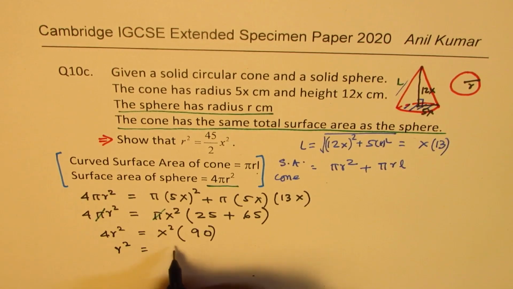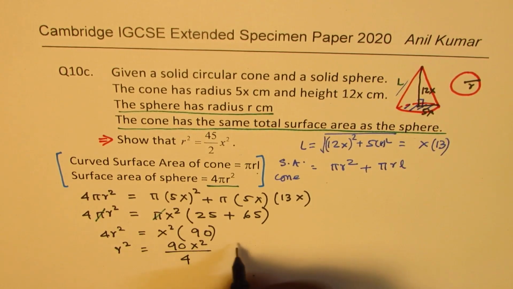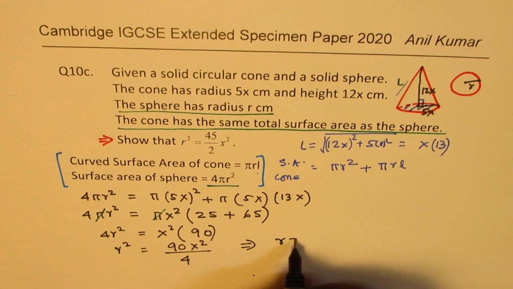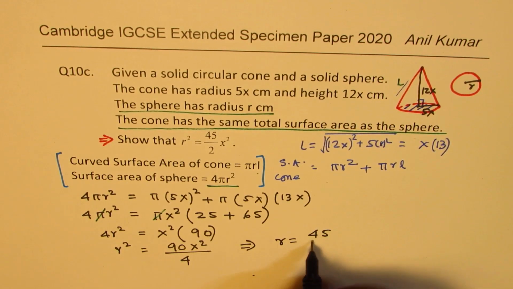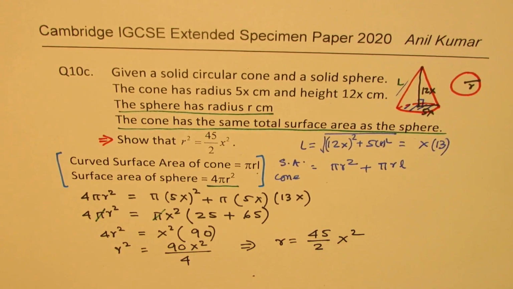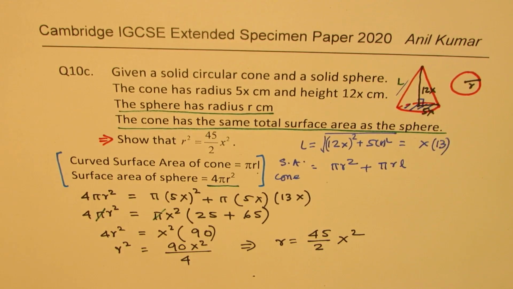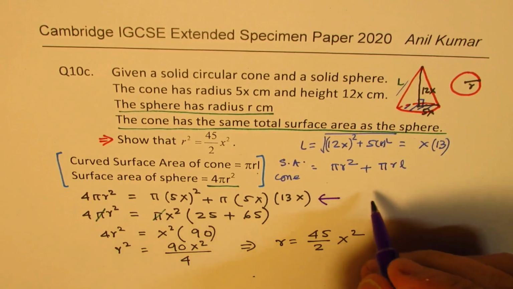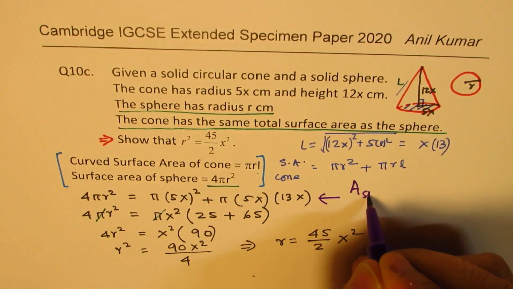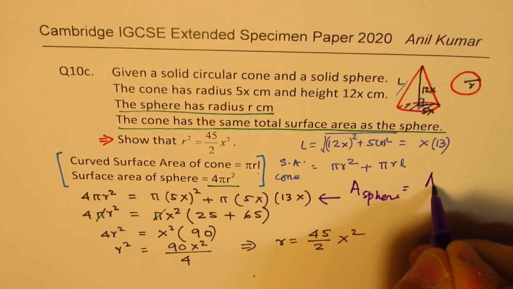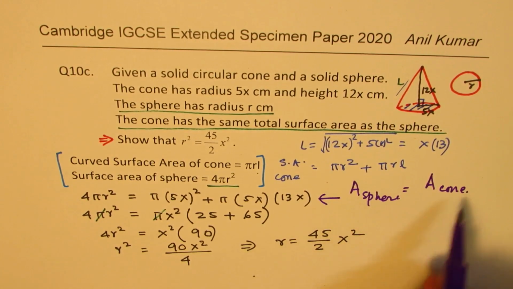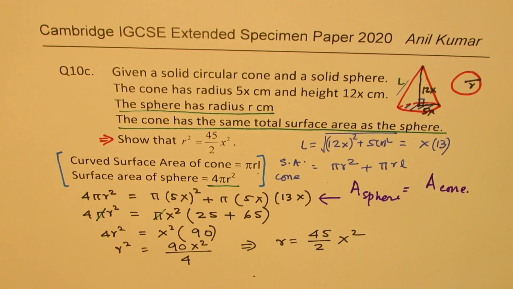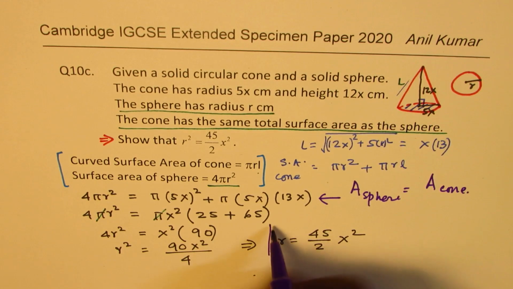So r squared is 90x squared divided by 4, and that gives you r squared equals 45 over 2 x squared. Is that clear? So that is how we are going to show it. In this statement, we said that the surface area of the sphere is equal to the area of the cone, and the area of the cone is a combination of two, the lateral surface and the base. So that's how you prove it.